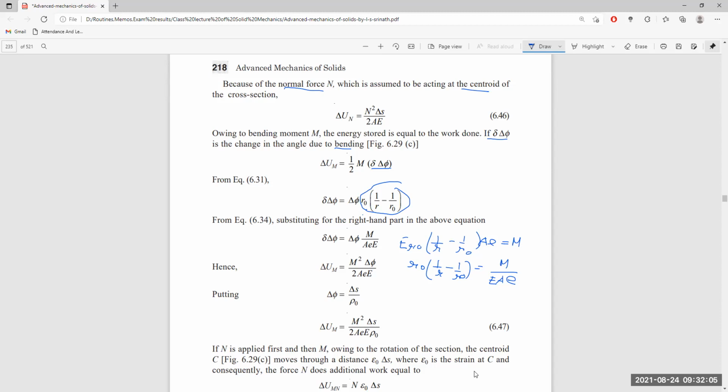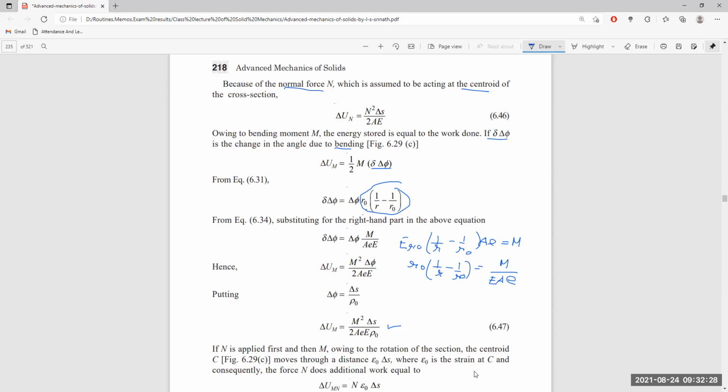So this is another formation of the strain energy, which is being taken into account with the idea that due to the bending moment, it is already deformed. Other than delta S, the structure is deformed. So another level of bending, another strain energy stored here.